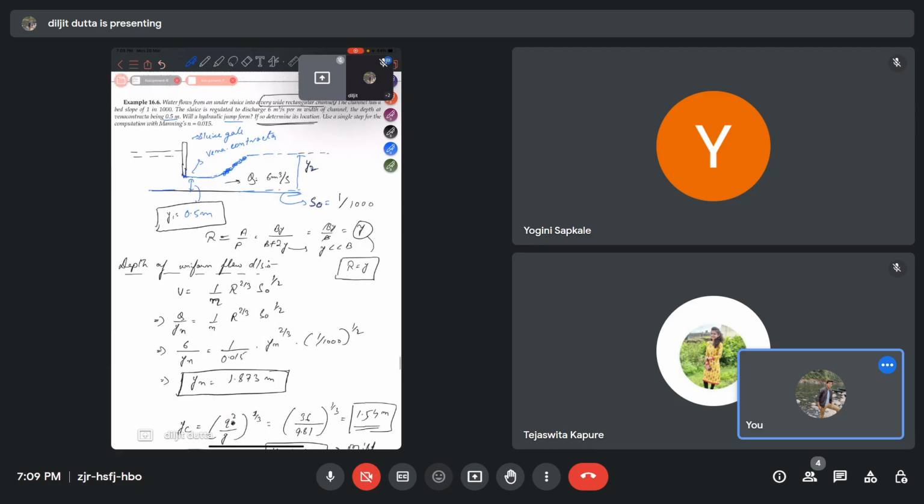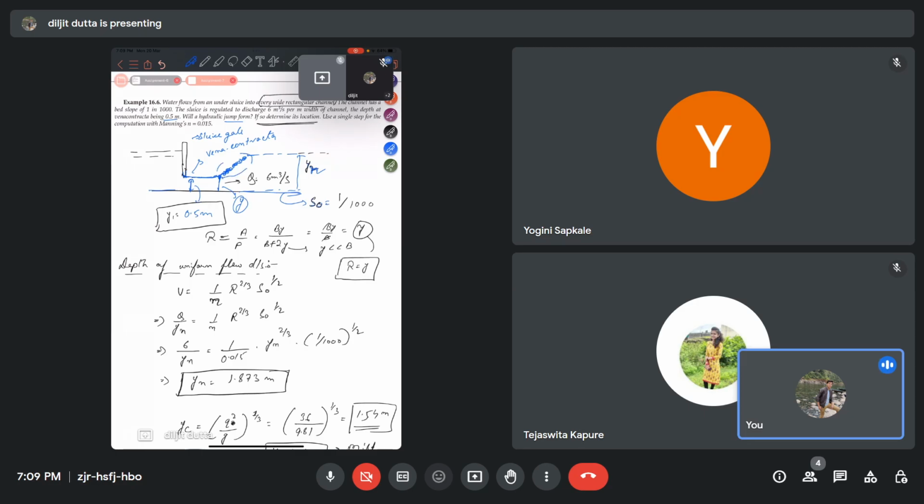Initially y1 is 0.5. After proceeding for some distance, the value of y will be increasing. This y should be a sequent depth or conjugate depth of yn. If this y is a sequent depth of yn, then the hydraulic jump will be forming at this section.